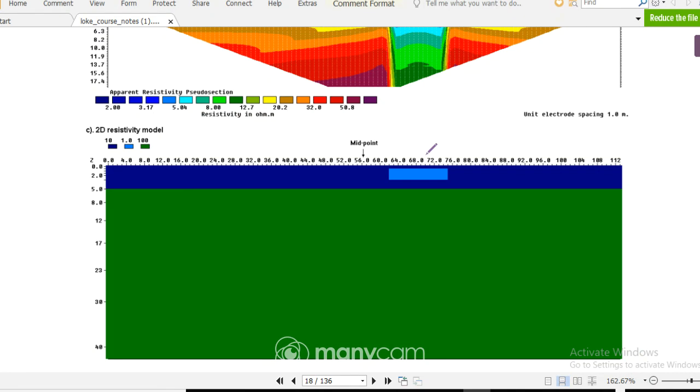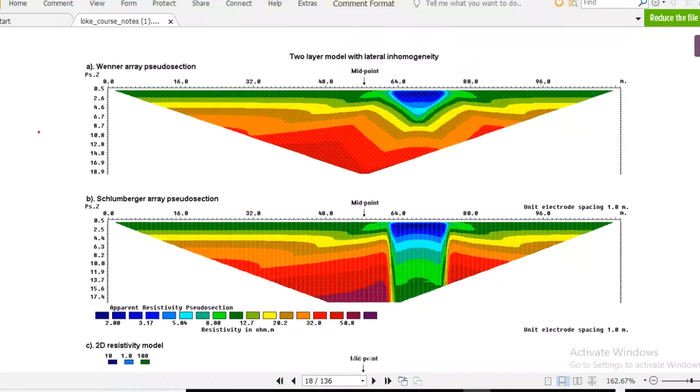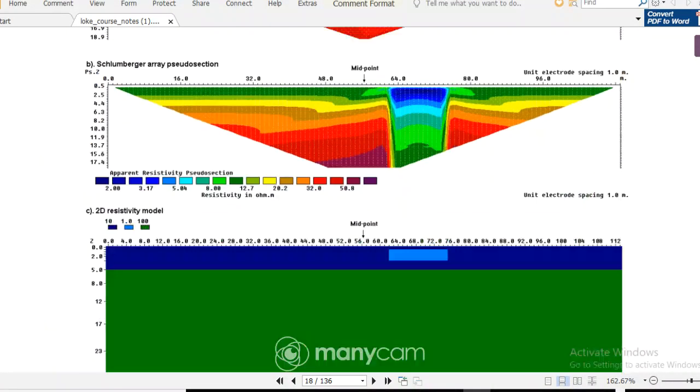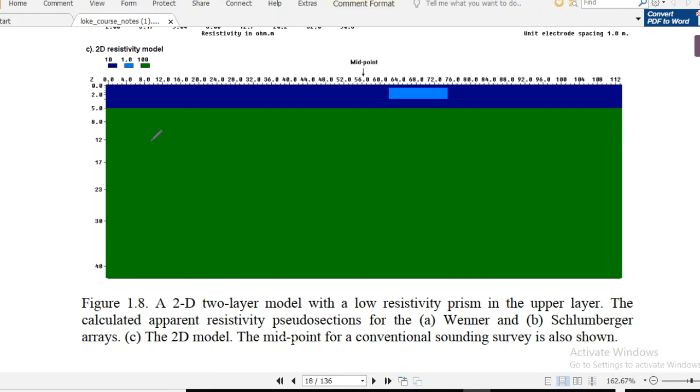Now look, to understand and interpret subsurface layers using the two-dimensional method, for example, if you are given this type of model with one anomaly body here, a 2D two-layer model with a low resistivity prism in the upper layer, calculate the apparent resistivity for A Wenner and B Schlumberger. The 2D model and the midpoint of the conventional sounding survey are shown.